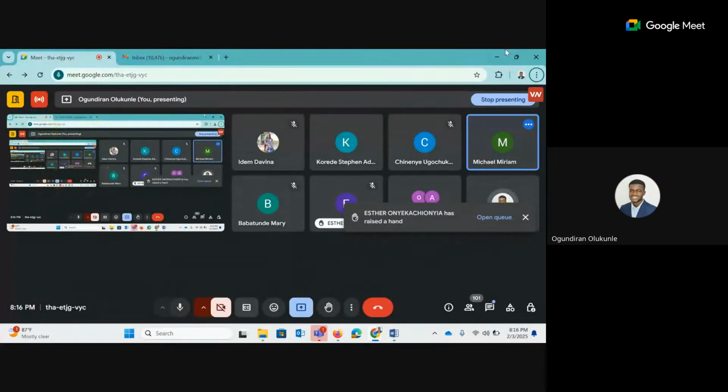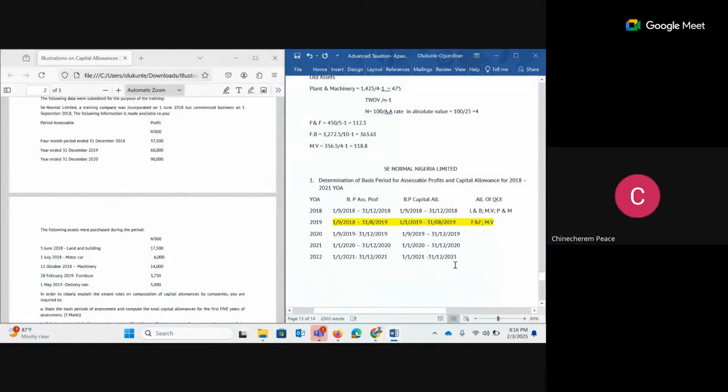All right, is it clear, everybody? Yes. Are we determining this based on the basis period for capital allowance? Yes, basis period for capital allowance forms the basis for determining it.